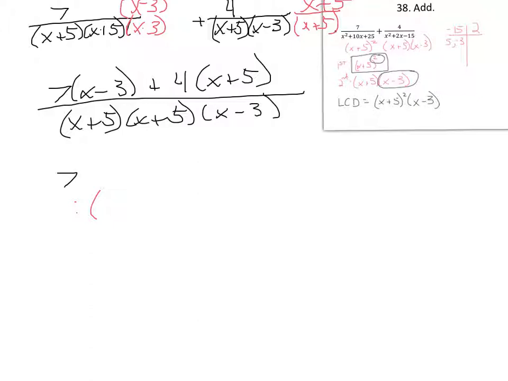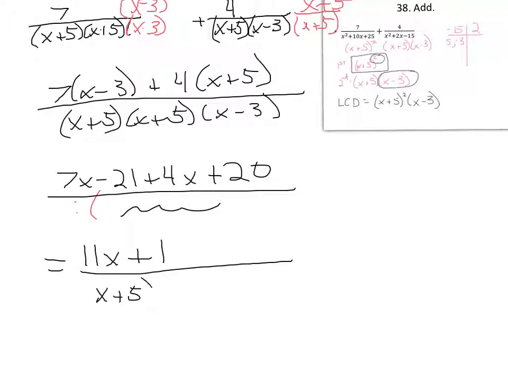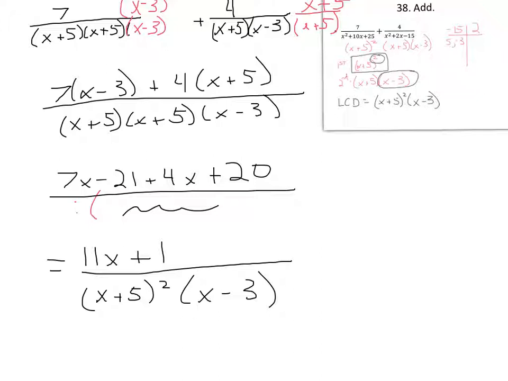So that gives us 7x minus 21 plus 4x plus 20 over that same denominator. 7x plus 4x is 11x, minus 21 plus 20 is negative 1, so 11x minus 1 over x plus 5 squared times x minus 3. And that's the answer.